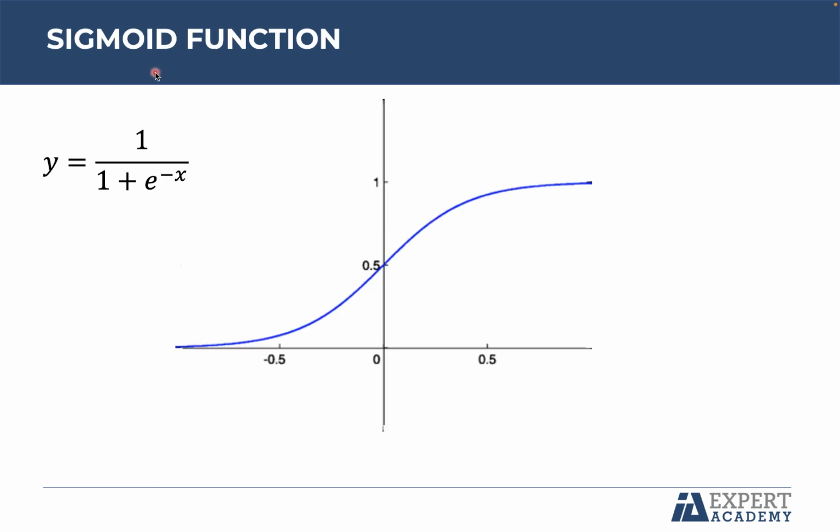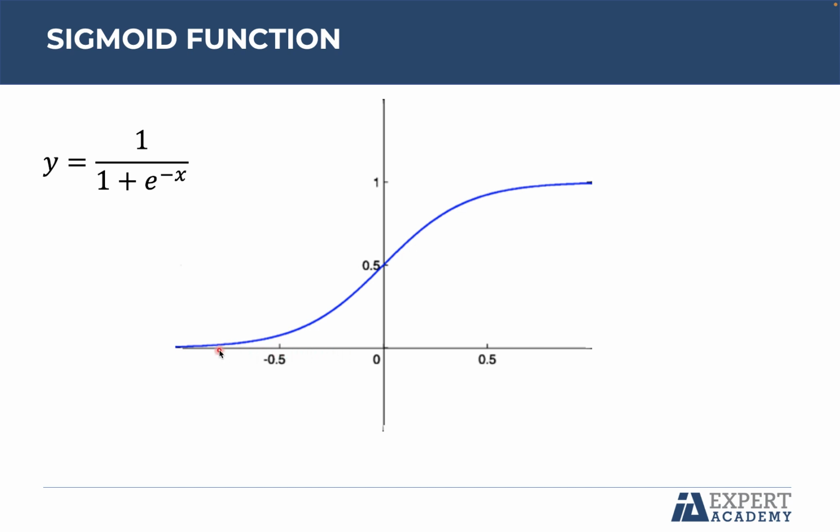Here you can see the sigmoid function, and the values are in the range from 0 to 1, in the format of letter S. The maximum value is 1 according to this upper line, and the minimum value is 0 according to this bottom line.